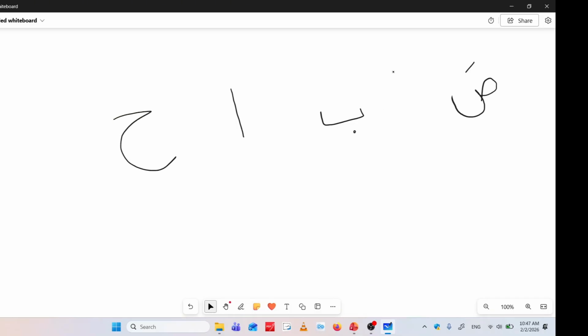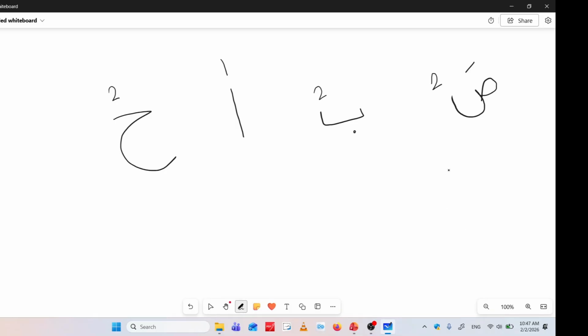So we will look at the letters, and we see that the sa is a two-way connector, the ba is a two-way connector, the a or alif is a one-way connector, and the ha is a two-way connector, which means that we will connect all of them, but the alif will not be connected with what comes after it.